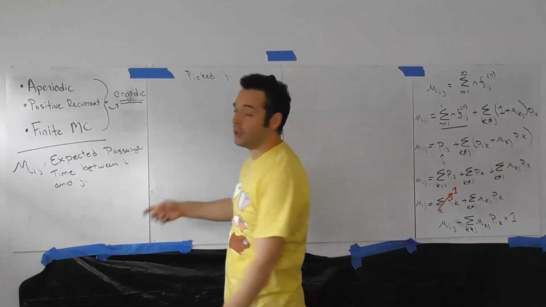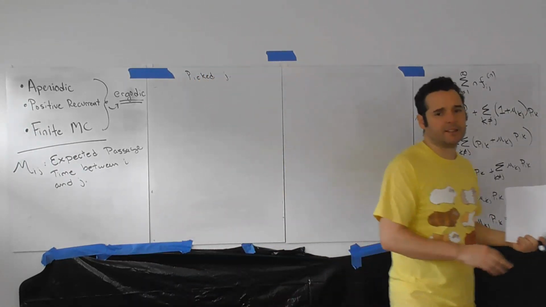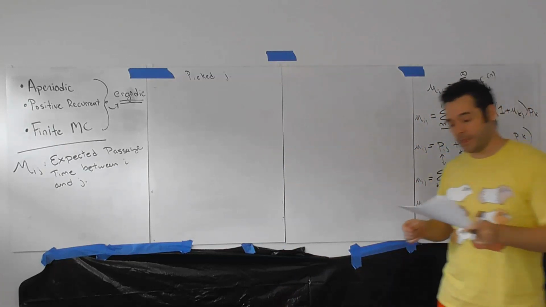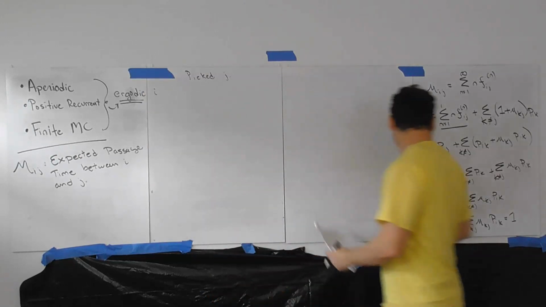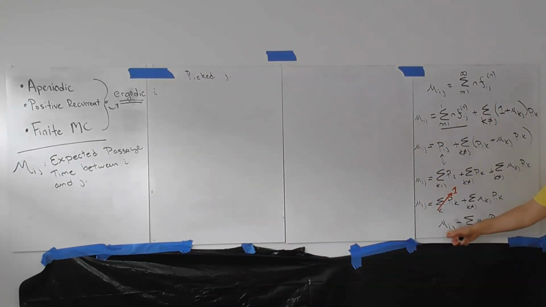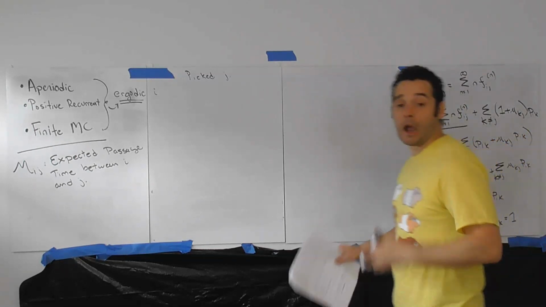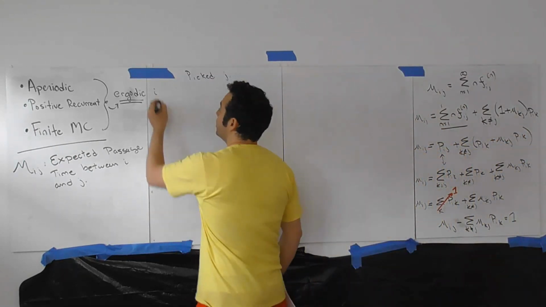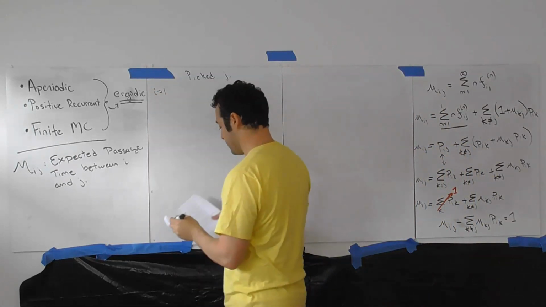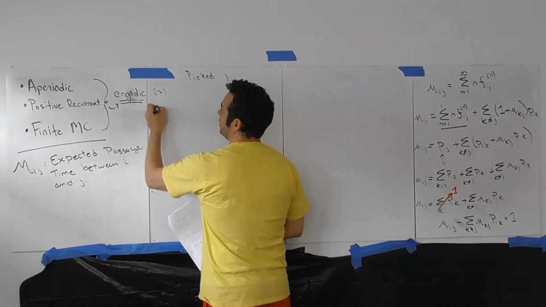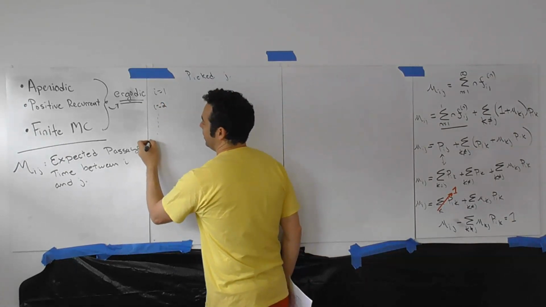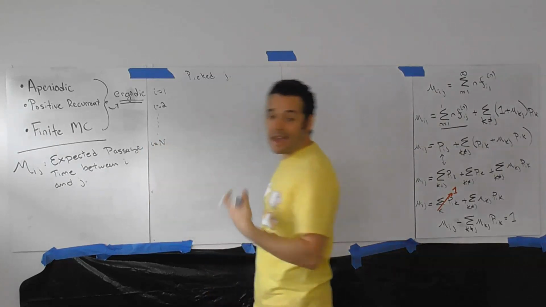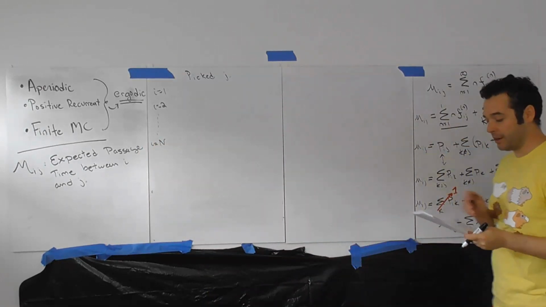So maybe you want to know how long it takes to get to state number 10. And what we're going to do is write this equation out for i equals 1, 2, 3, 4, 5, 6, 7, 8, 9, 10, or however many states we have. So we'll write it for i equals 1, i equals 2, and we can also write it for i equals n, where n is the number of equations that we have.